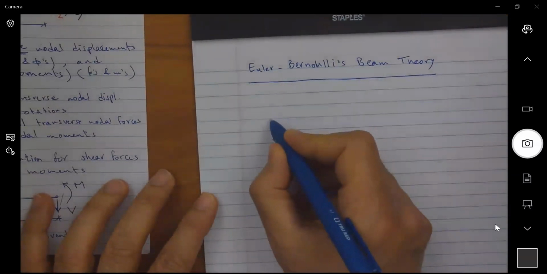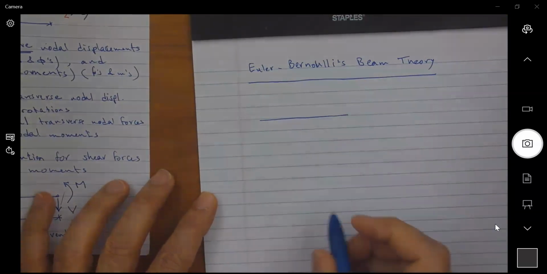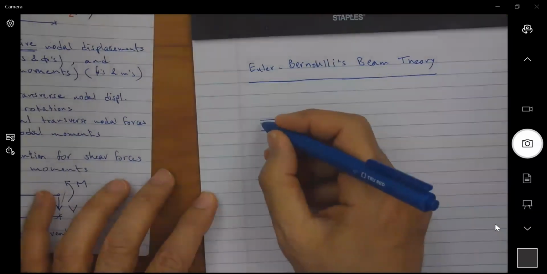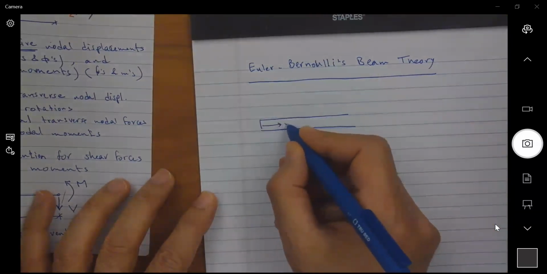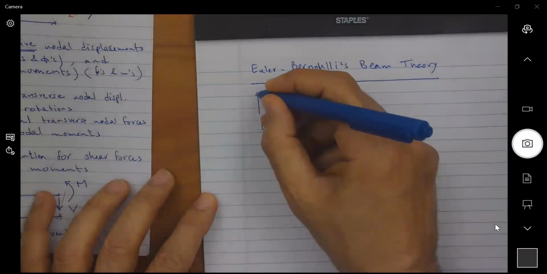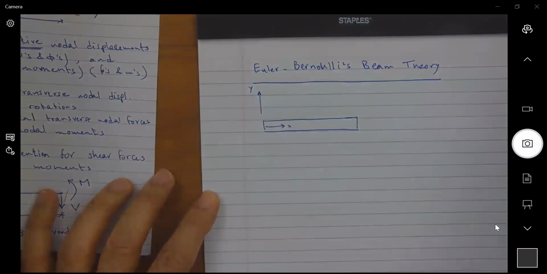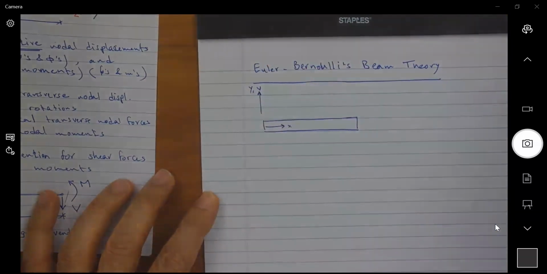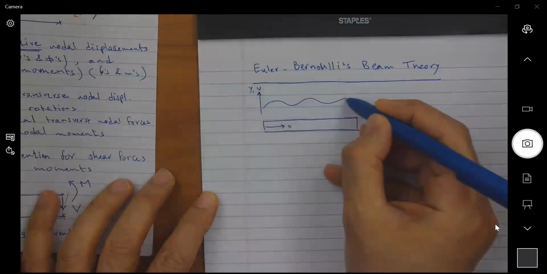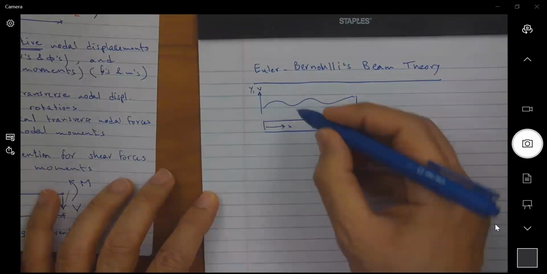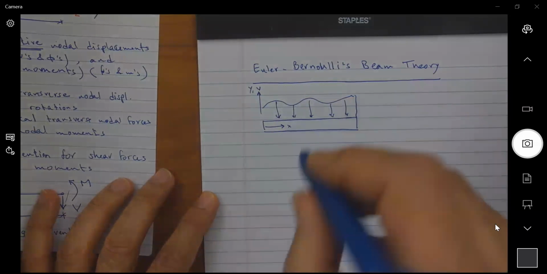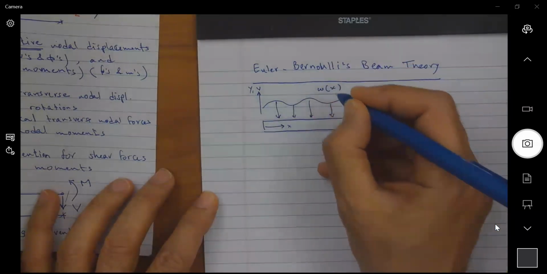So if I look at a beam along the x-axis, this is the y direction, and this is where I also measure v, the displacement. Now, this beam may be subject to any distributed loading in the transverse direction. So any function here, w of x.